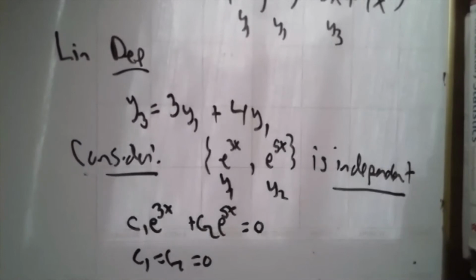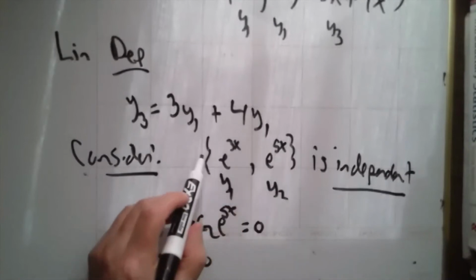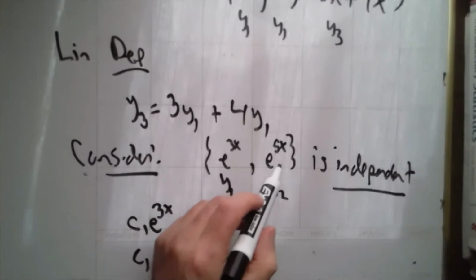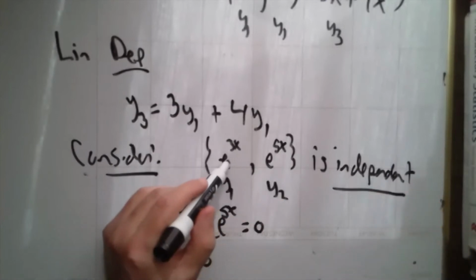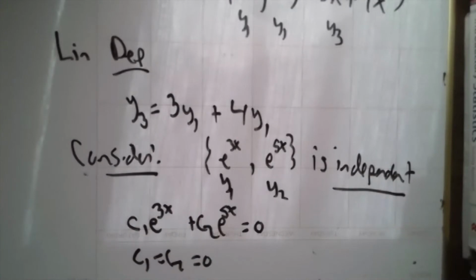This is a linearly independent set. What that means is, if we think of vectors in some vector space, this vector is not some scalar multiple of this vector. They point at different angles.